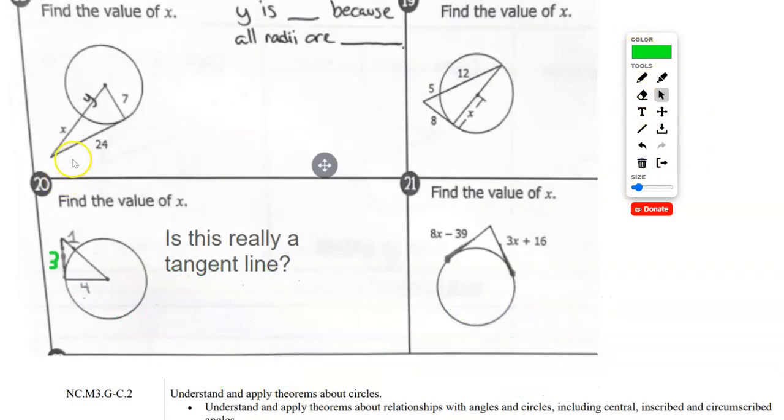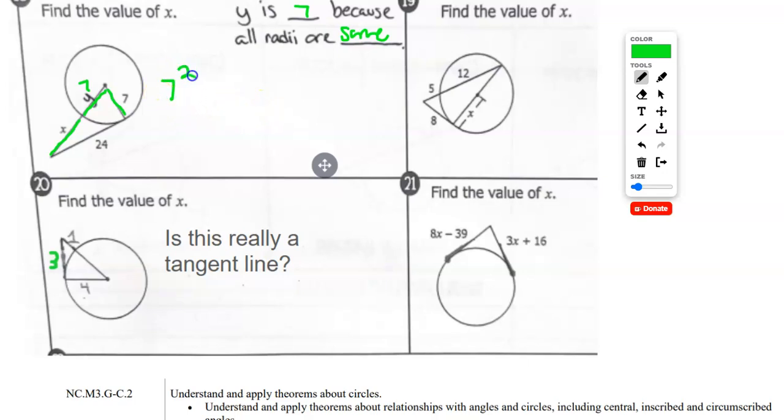Next up, got a 24, got a 7, and we're missing the whole hypotenuse over here. Now, note it appears that we're looking for the x and the y over here and how that breaks down. Well, first of all, radii are the same in any circle, so y is going to be 7. All radii are congruent or equal within the same circle.